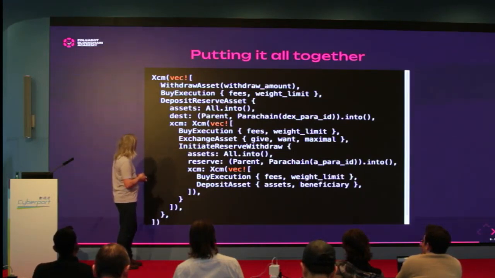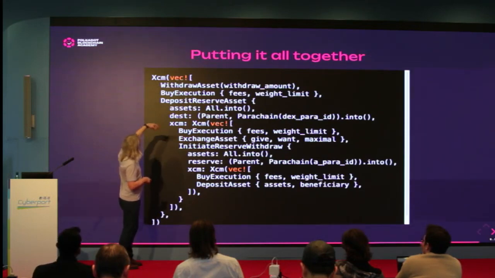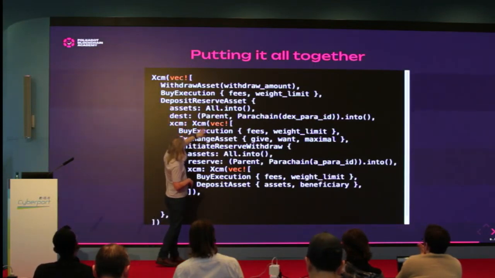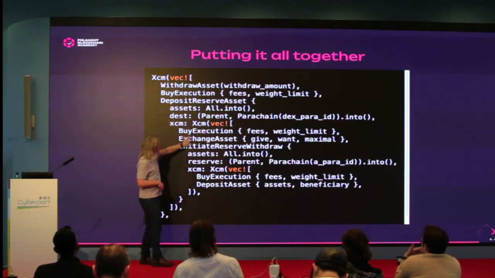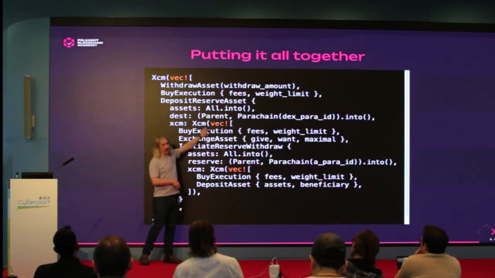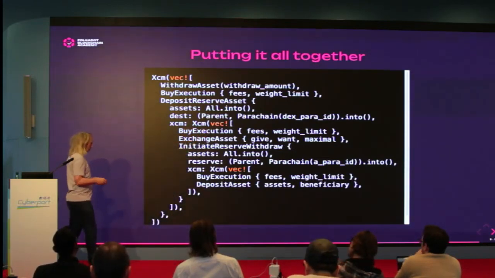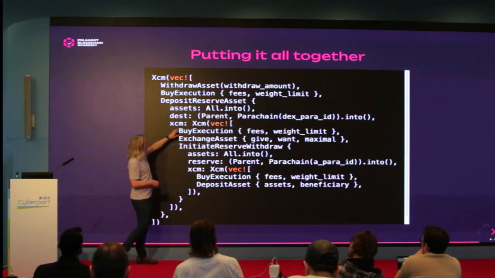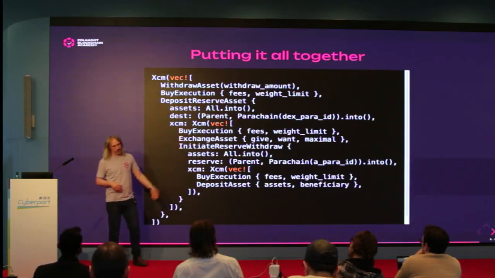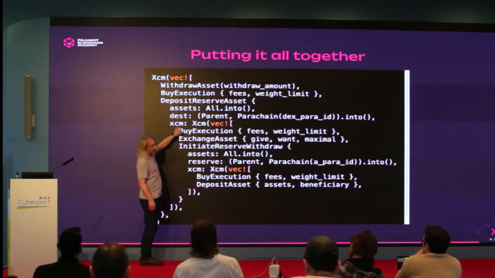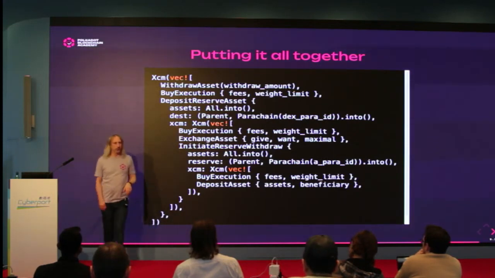Now, in the worst case, suppose we withdraw our asset, we buy some execution, deposit the reserve asset, and we get to here with this code execution running, and then it turns out these fees are not enough. What happens? Whatever's in the holding register, assuming we've got something recognized as being valuable, would become trapped in the asset trap.